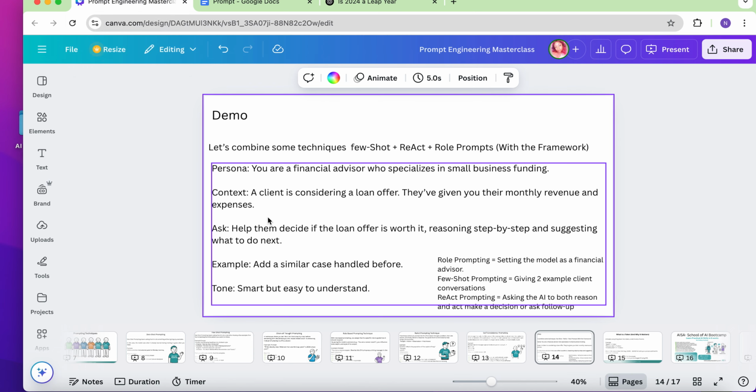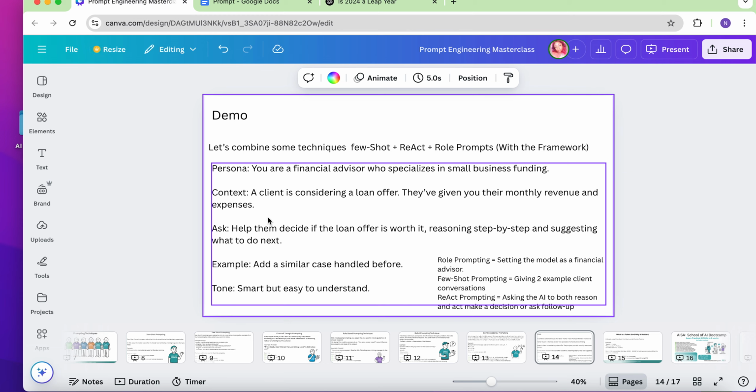So when next you pick up your phone or your laptop to talk to ChatGPT, try to assign a persona, try to assign context, try to ask it for something specific, try to give it an example, and try to use a tone, and see how your results get so much better. This is what powerful prompting looks like, to guide the reasoning path of the model.